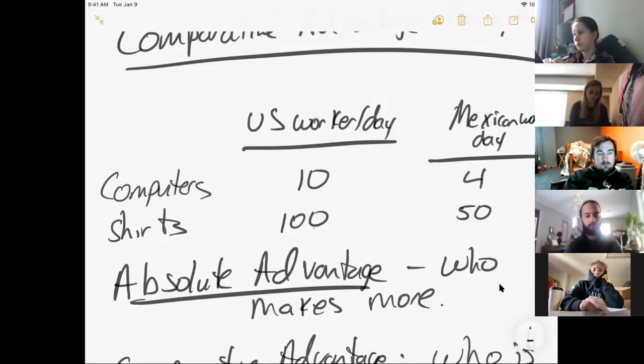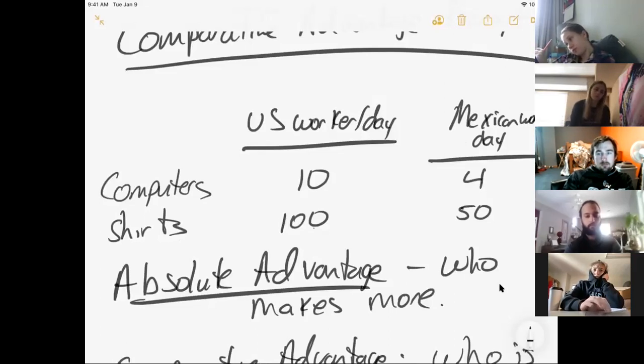They're going to have to give up a lot of their lives. And that's costly, right? In the example that I talked through in class, I talked through it as if there was no cost to moving between making shirts and making computers. But in the real world, there are costs associated with moving from making one good to making another.